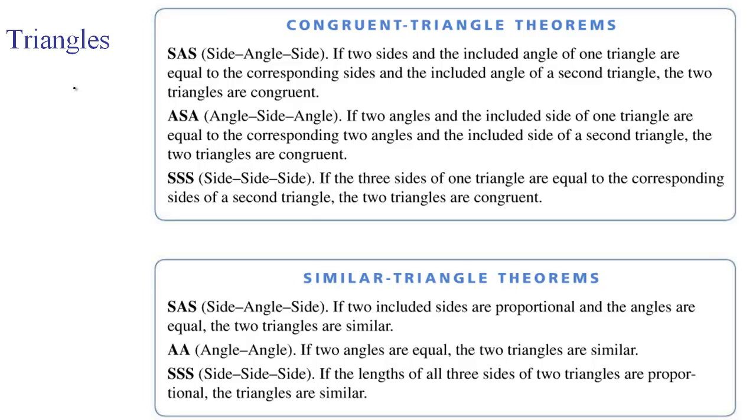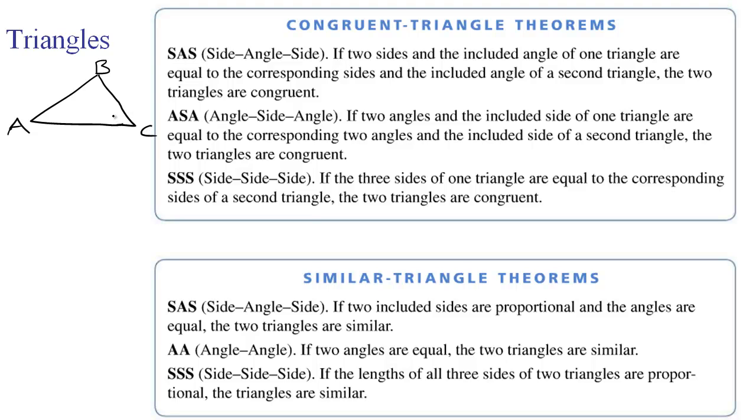But what you do need to realize is when they're talking about side, angle, side, first and foremost, once you label your angles, right, the capital letters are going to be your angles, then the sides are labeled with small lowercase letters, and they always correspond to the angle opposite them, right?